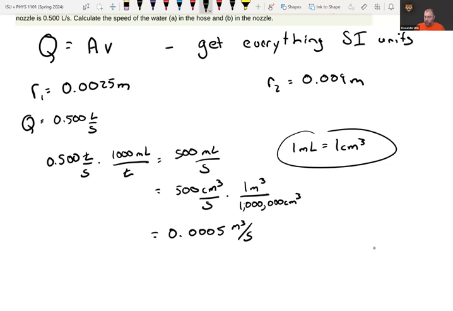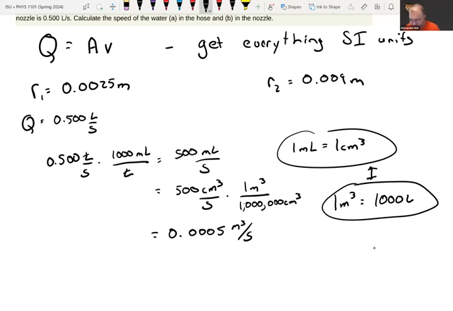The other way you can remember this is that 1 meter cubed equals 1000 liters. If that helps you remember it, that's fine. You'll notice that we could have done that conversion directly, dividing the initial value by 1000, and that would have gotten us to the same thing. So either way, remember one or both of these two conversions. That's going to be useful.